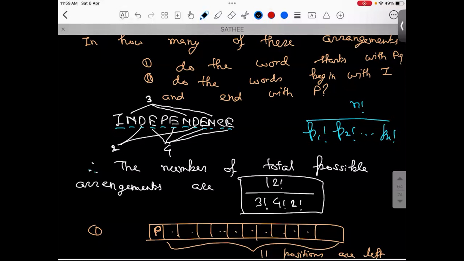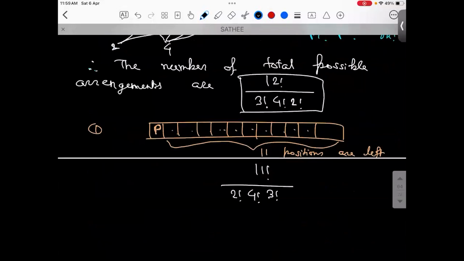But in this case, where P is the fixed element for the word, the rest of the 11 elements include 4 E's, 2 D's, and 3 N's, which can be repeated. So in that case, there will be no change in the denominator part. I hope this is clear.